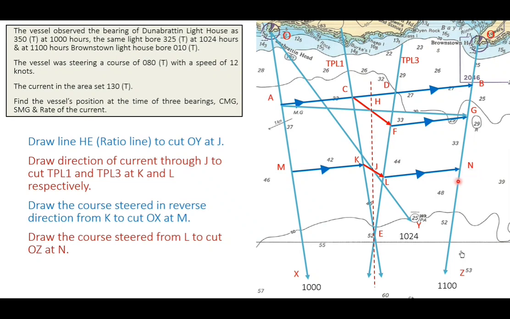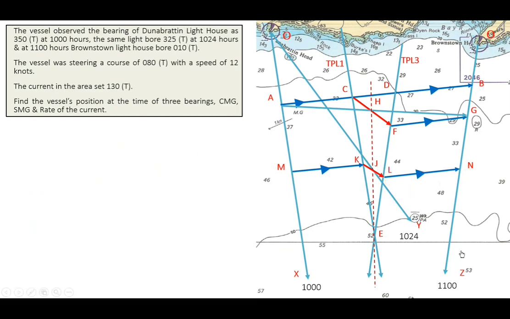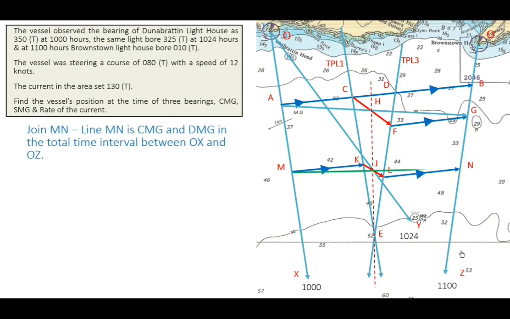What we are going to do now is join M and N, Mike to November. So you can see this green color line, which is joining Mike to November.